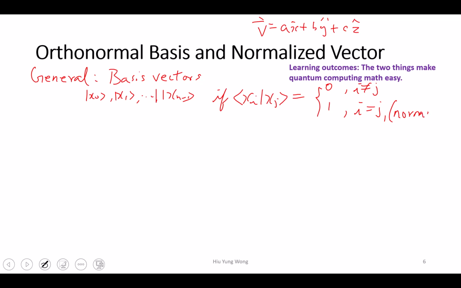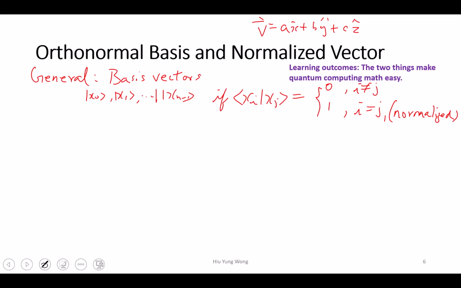So this is a very important thing in quantum computing. We only deal with normalized vectors. It means their length is 1, because remember, a basis vector's inner product with itself is just the length squared, by definition. And it is 0 when they are not the same. Again, what is inner product?